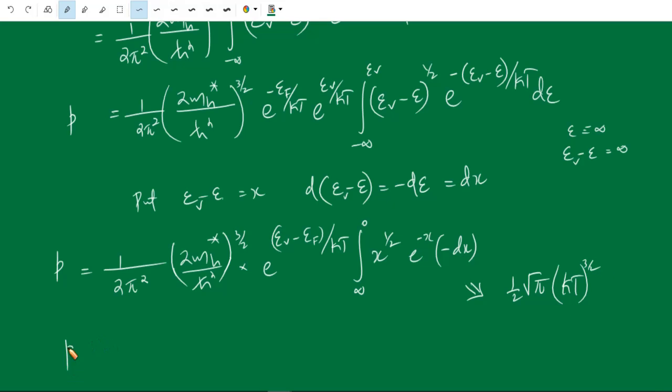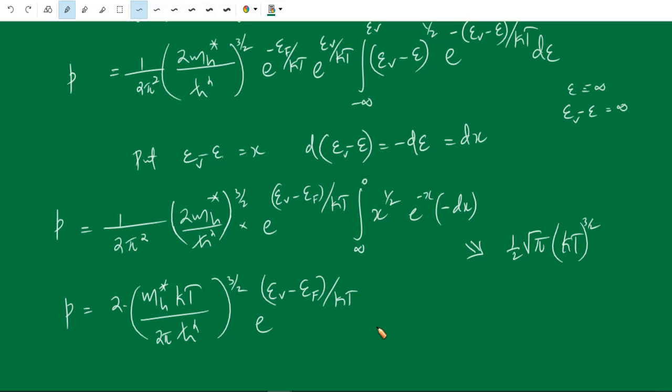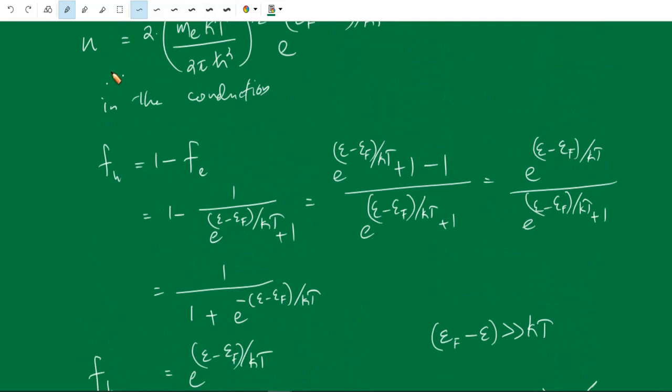So this concentration of holes, simplifying, we get 2 times (mh star kT divided by 2 pi h cross square) whole raised to 3 divided by 2, e raised to (Ev minus Ef) divided by kT. Okay, so we have obtained the expression for the hole concentration in the valence band.